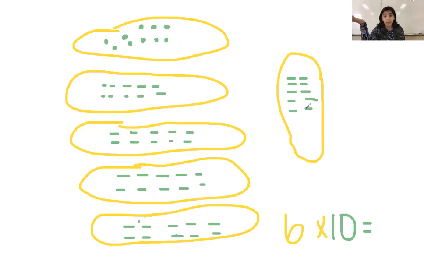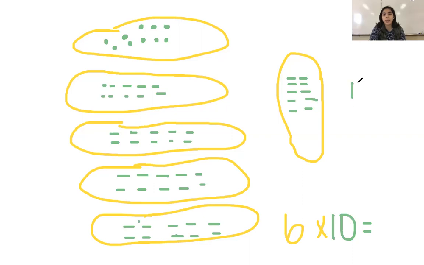You could sit there and count every single one of them, but it's going to take you a very, very long time. The other thing you can do is add, right? So it's telling you you need to add 10 6 times.